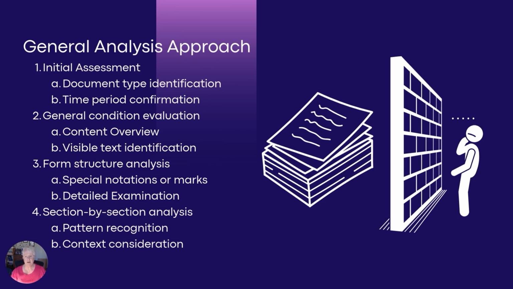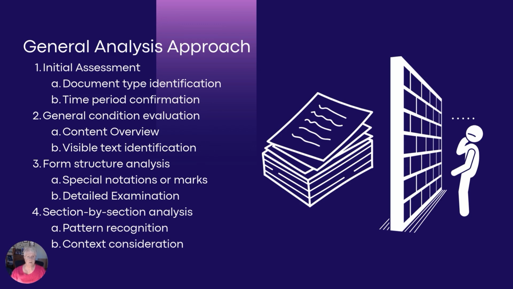There's a general analysis approach that you could use, including initial assessment, which will give document type identification and time period confirmation, and then a general condition evaluation with content overview, visible text identification, often important when you are dealing with very old and poorly written documents, and then for your form structure analysis, any special notations or marks.